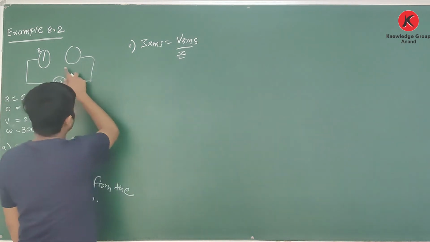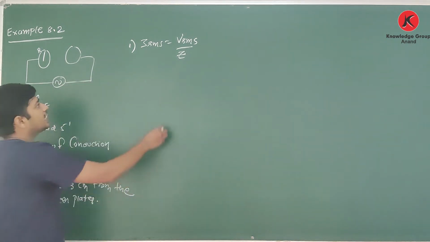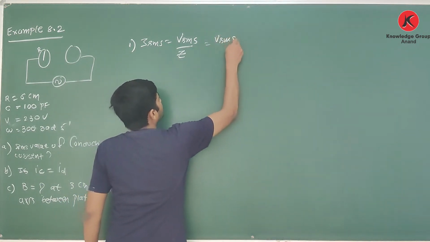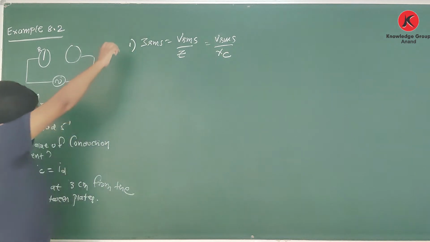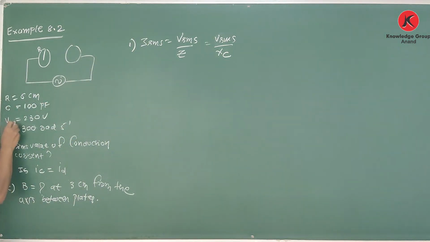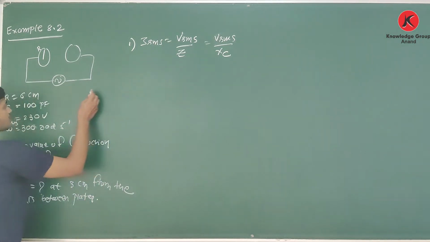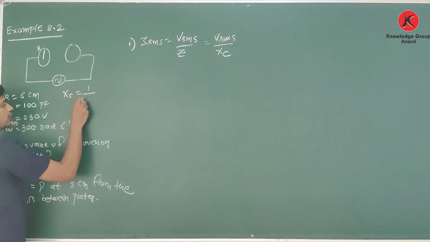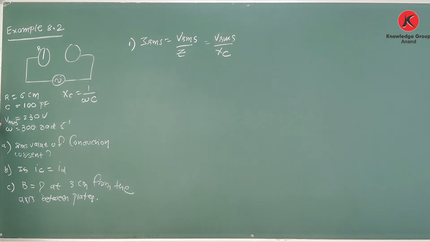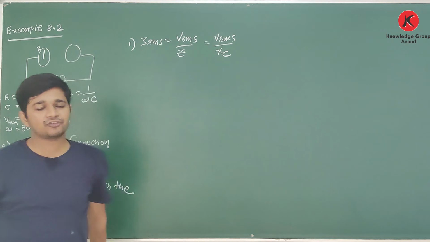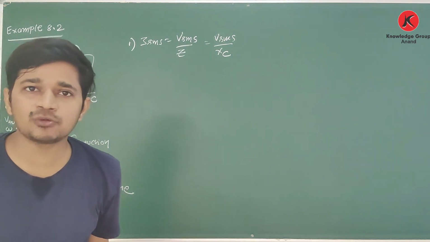For a capacitor-only circuit, Z is equal to XC, because it is only capacitor. XC is equal to 1 upon omega C. So IRMS is equal to VRMS upon XC, the capacitive reactance. Clear about this?